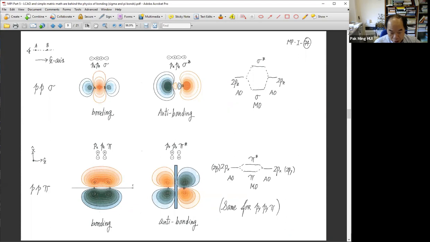So in a picture, we have px atomic state, px atomic state. They form the 2x2 matrix, push each other up and down, forming a bonding pp pi and an anti-bonding pp pi that I call pi star, all right?